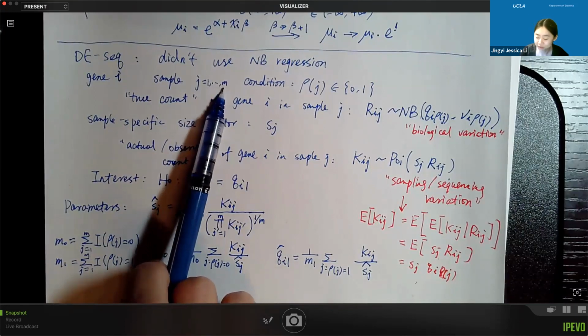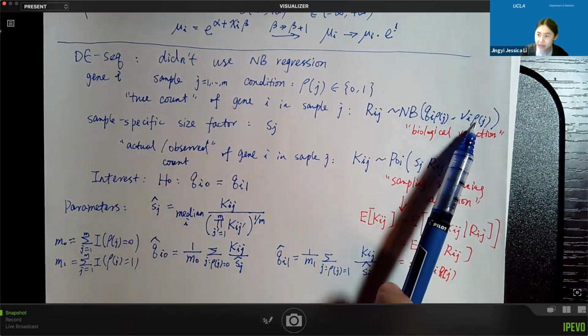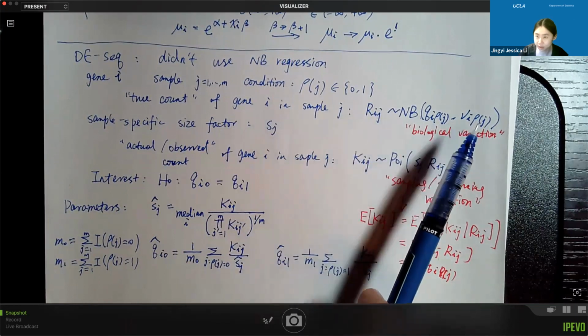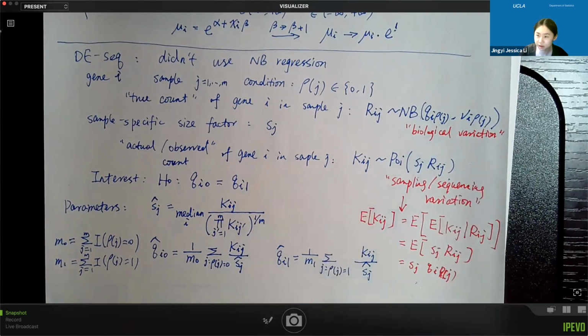Then we have 3 samples for each condition to estimate mu I0, and another 3 samples to estimate mu I1. We know this is not stable, right? If you recall, we talked about the empirical approach for estimating the variance in the 2-sample t-test. That's exactly for this issue. We do not have a good stable estimate for the variance. So therefore, the authors also tried to address this issue.